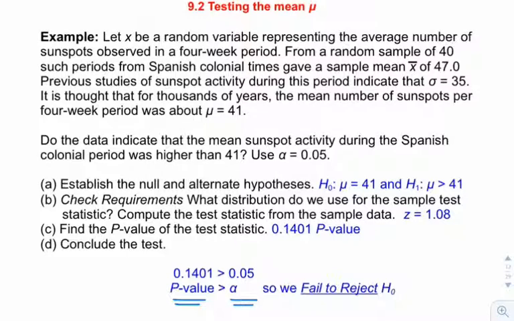So that's not so small. That seems fine. So there's not enough reason for us to change our claim about the mean. So we're going to stick with that the mean is 41. We fail to reject the null hypothesis, meaning we don't reject it, so we're sticking with our null hypothesis that the mean is indeed 41. We don't have enough evidence to change it.